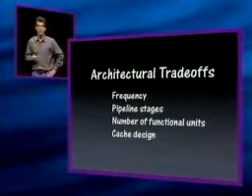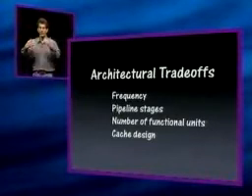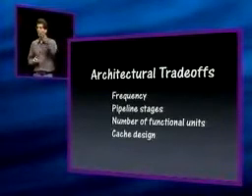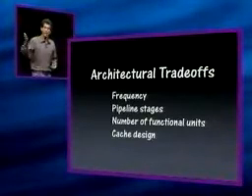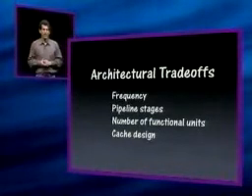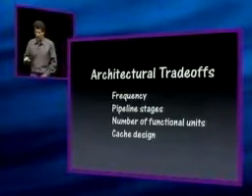Then there's the number of functional units. The more functional units you have, the more parallelism you can have. That's how many instructions you can execute every cycle. And the cache design: whether you have a level 1, the size of the level 1, the size of the level 2, and if you have one, the level 3 cache. So all of these factors play into what the performance of the processor is, not just frequency.